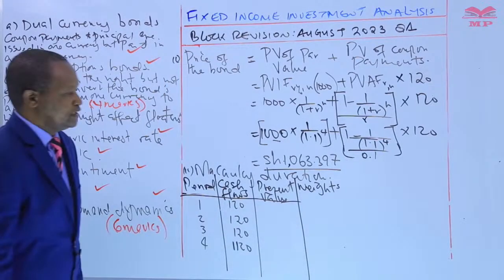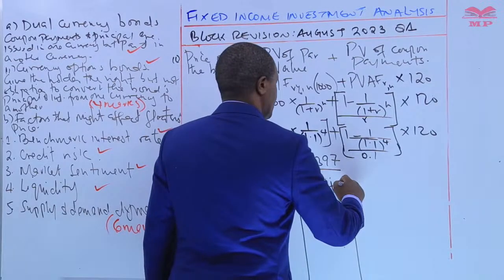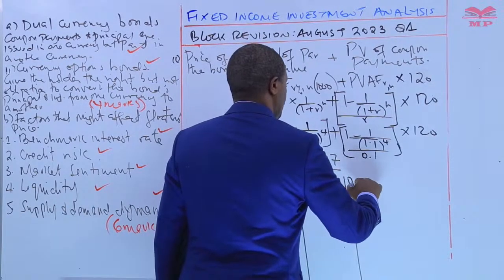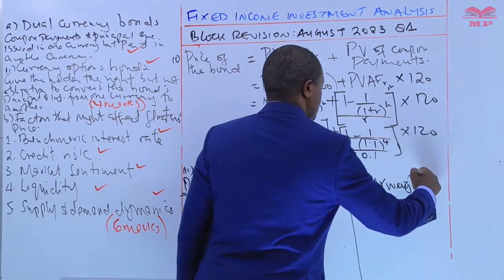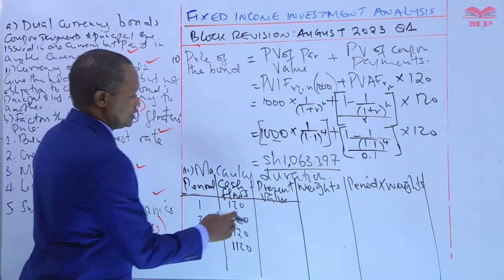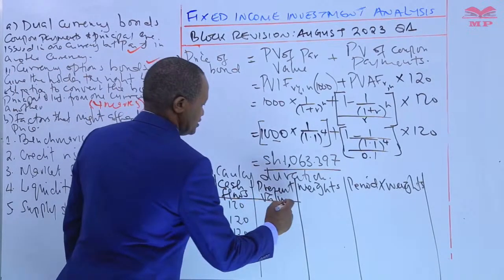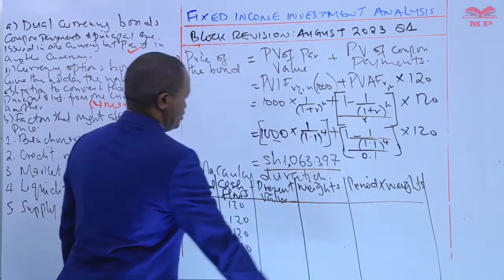Then lastly, we will multiply the period times the weight. So that is the formula, candidates. That is the formula for calculating Macaulay duration.